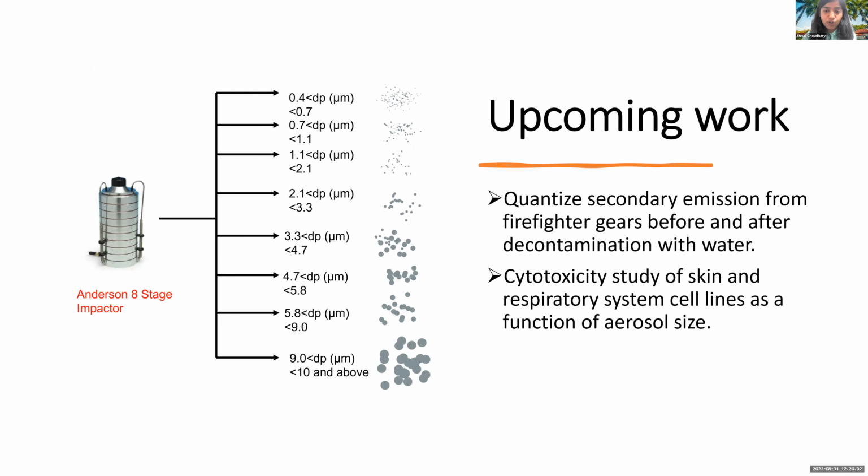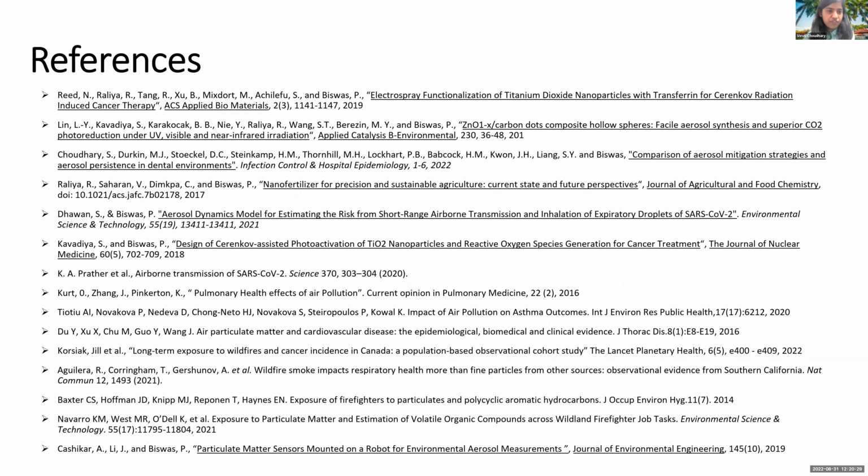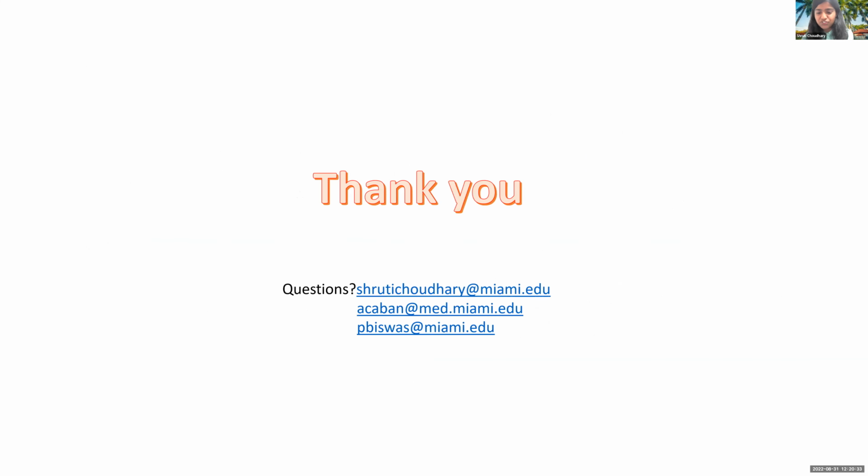And then finally, we want to study the cytotoxicity effects on the skin and the respiratory system cell lines based on different aerosol sizes, because different aerosols would interact with your cell lines in different ways. So we want to understand which size of the aerosols are much more harmful for the firefighters. These are some of the references which you can look over, and thank you if you have any questions.